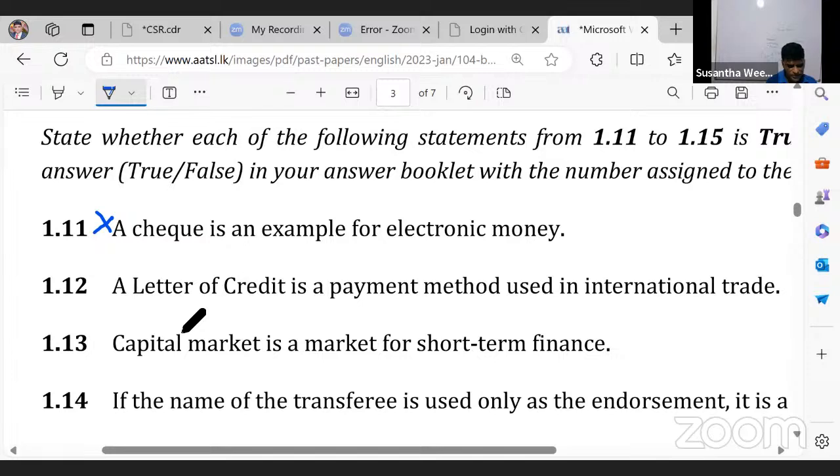Once you send the goods, the payment will be transferred to your account. Based on that trust, these two parties can sell and buy. The letter of credit is a payment method used in international trade. That is true.